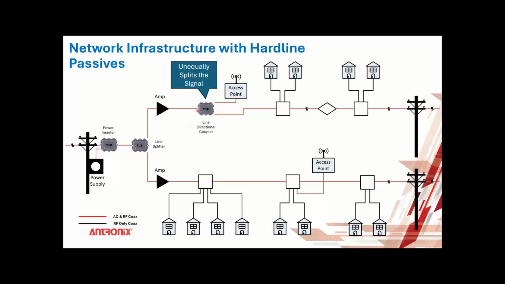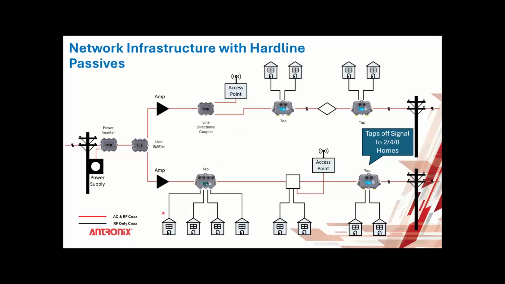You also have line directional couplers. These are unequal splits. A directional coupler can have lower loss in the through leg and more loss on the coupled leg. In this case, it is connected to an access point to power the access point. You typically have cascades of taps, and taps branch off the main signal to each individual home.